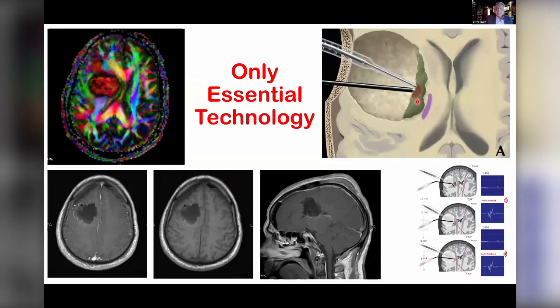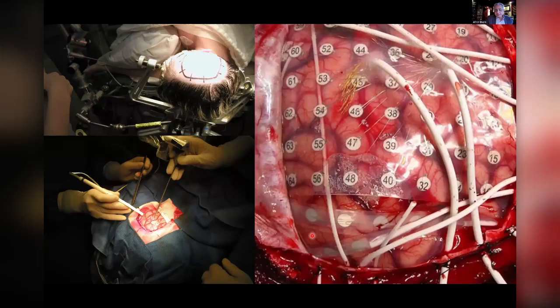A much cheaper way is doing an awake craniotomy and just subcortical mapping. If you do that subcortical mapping, you know where the fibers are coming, and you will stop there. Just using subcortical mapping, I was able to achieve a gross total resection of this GBM without using an expensive technology. So awake craniotomy is one of those things that fits in very well with an LMIC.